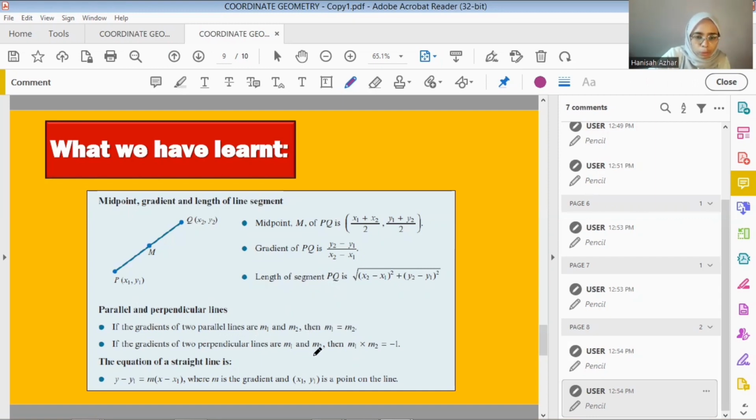When two lines are perpendicular, m1 times m2 equals negative 1. Lastly, we know the equation of a straight line by another formula, which is y minus y1 equals m(x minus x1), passing through one point on the line.